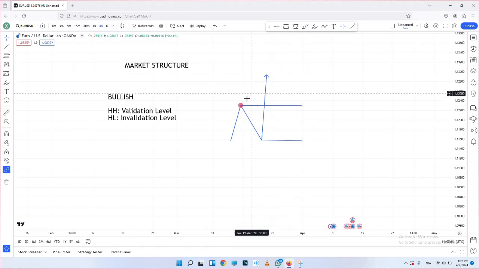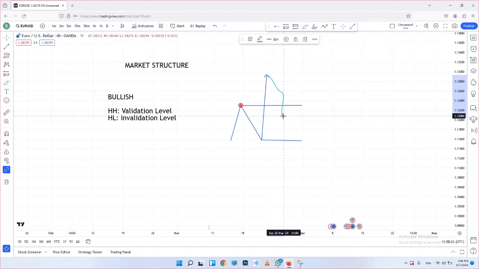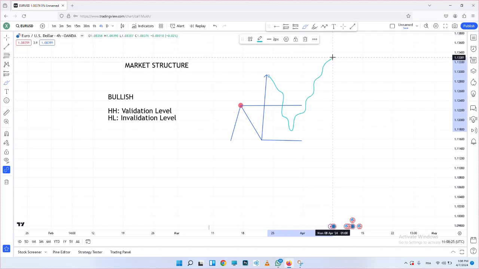So when price is creating this high and this low, this part inside the validation level and the invalidation level is what we call our area of interest. This is our area of liquidity. Most of the time price comes to this level to grab liquidity before going in the up direction.